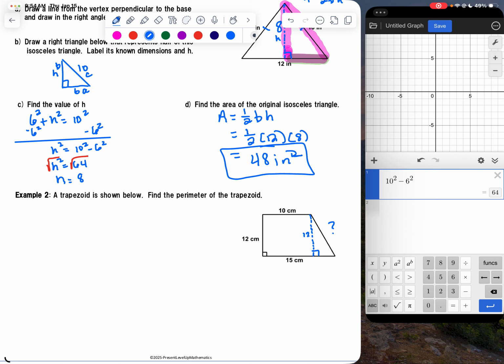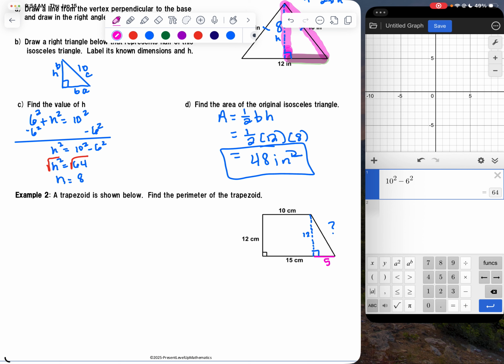Now I can also find this small segment here. I can find the length of this segment right here because I know the entire segment is 15 and I know my small base was 10. So if I subtract those, I know that this little segment here is 5 centimeters.